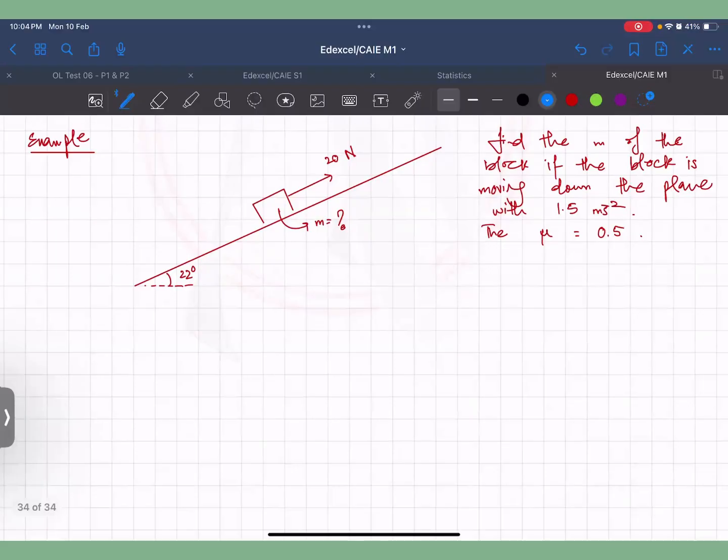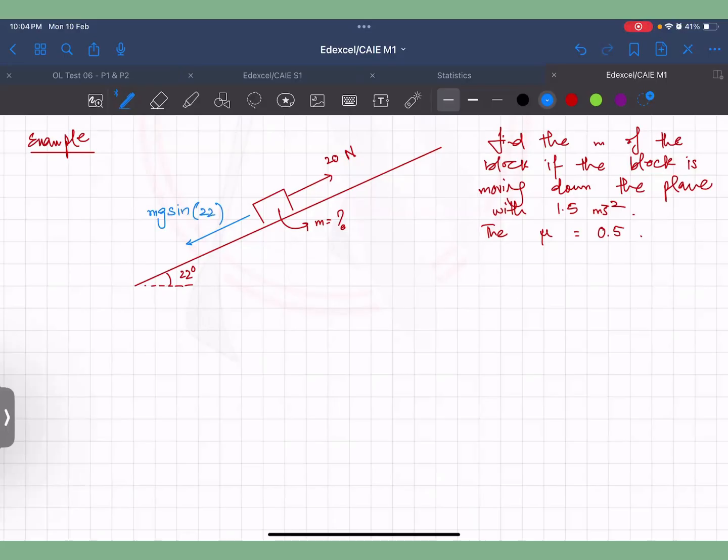Right now we don't have the mass, so definitely there would be a weight component pulling it down. What is the weight component? mg cos theta. Sine. Oh yes.